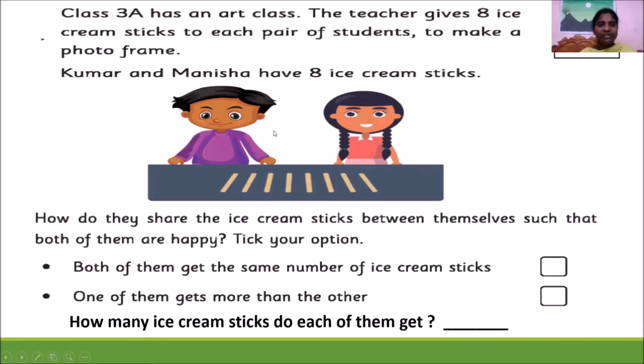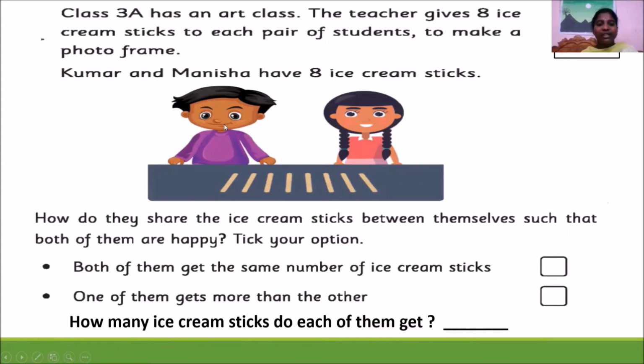Let's start our session by doing the PEP activity. It is in the book, page number 113. Class 3A has an art class. The teacher gives 8 ice cream sticks to each pair of students to make a photo frame. Kumar and Manisha have 8 ice cream sticks.